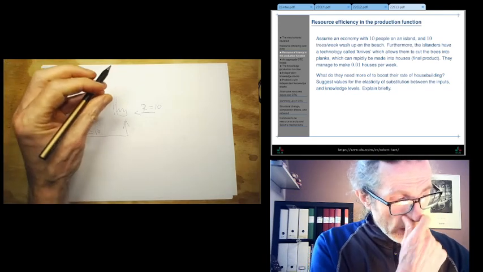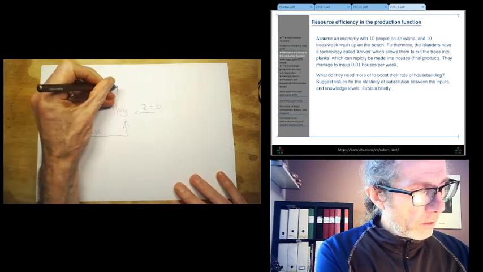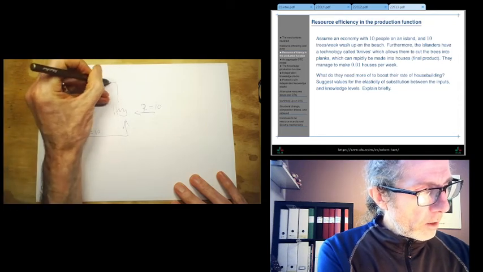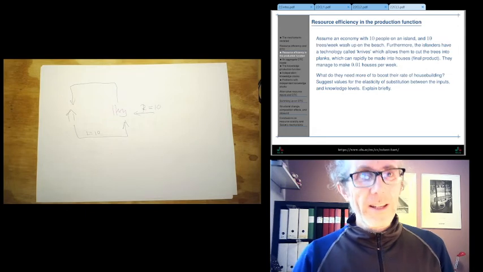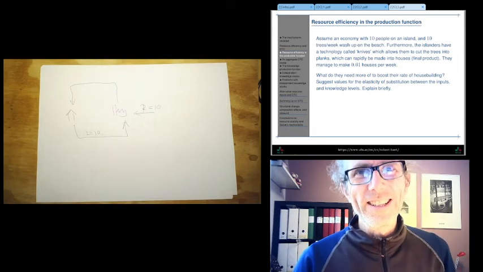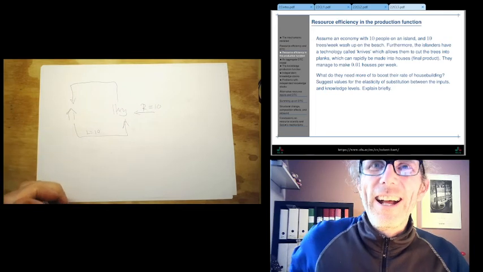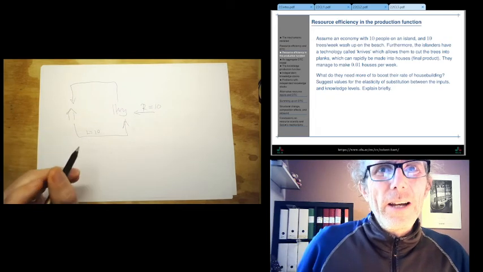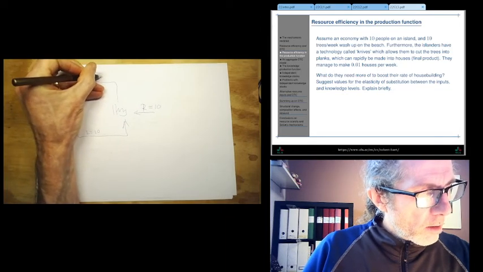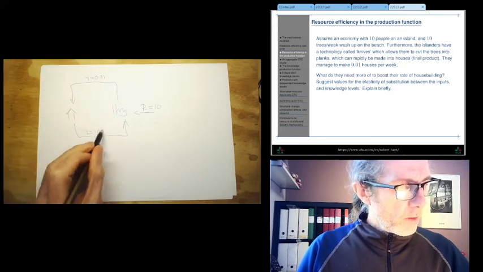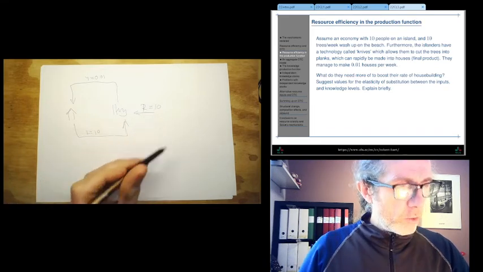So we've dropped capital, we just have the resource flow, the labor flow, and the flow of product. And the product conveniently is houses, given this picture, and they make 0.01 houses per week, with 10 workers and 10 trees per week.